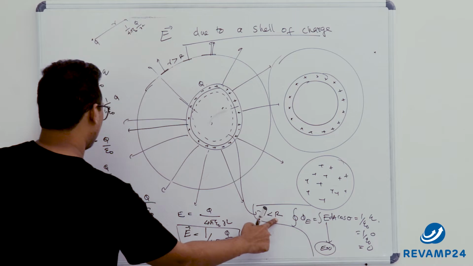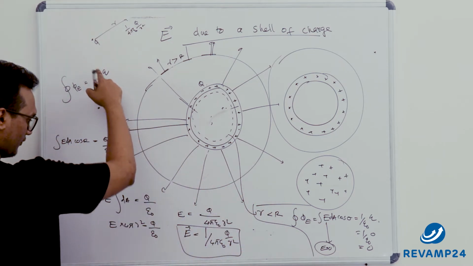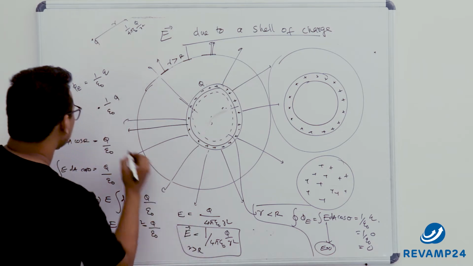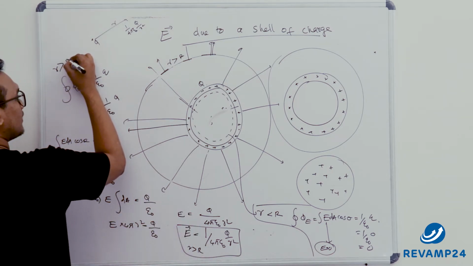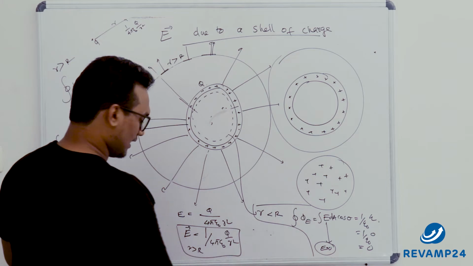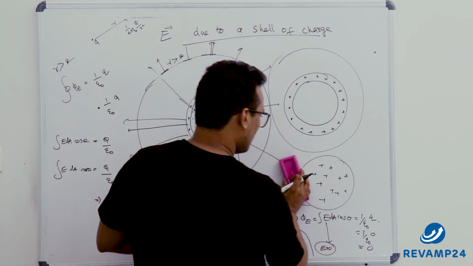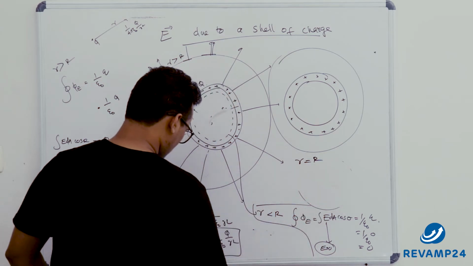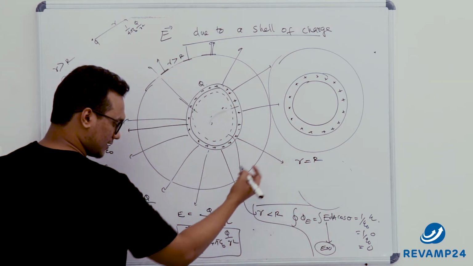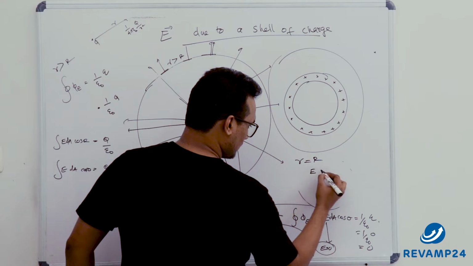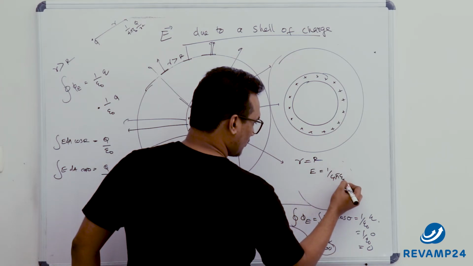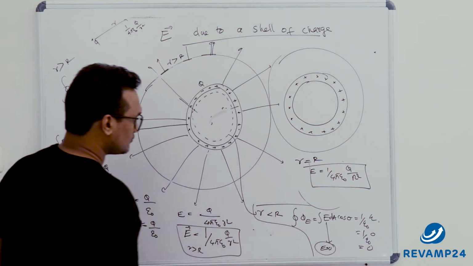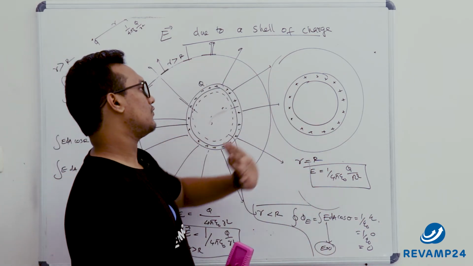So this is r less than R. This point is r greater than R. Now for the case r equal to R, instead of small r, I will substitute capital R, which gives E is equal to 1 by 4 pi epsilon 0 q by R square. Here also it will be the same case.